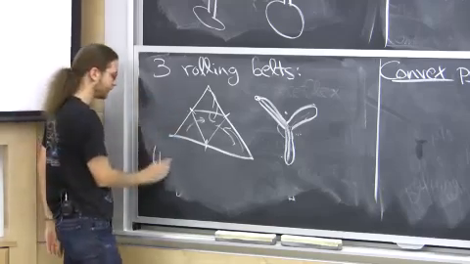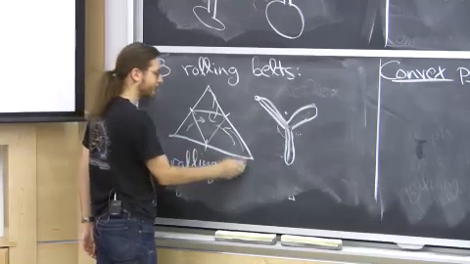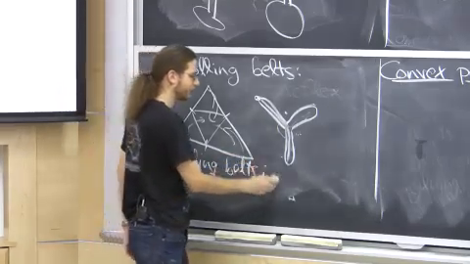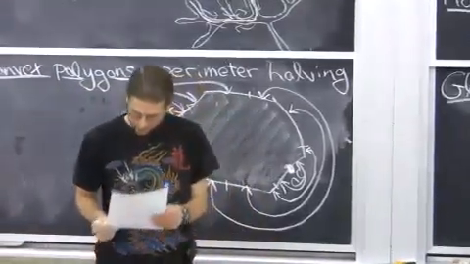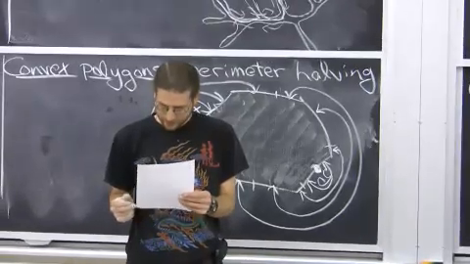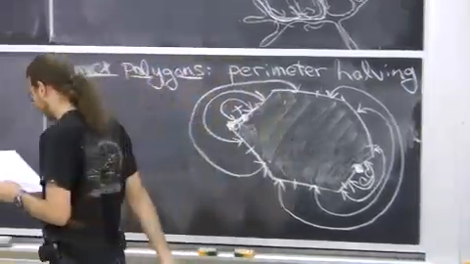Turns out 4 rolling belts are impossible. This is actually something we proved in this class. We proved it 6 years ago, so it's probably even in the textbook. I don't remember. Very simple proof.